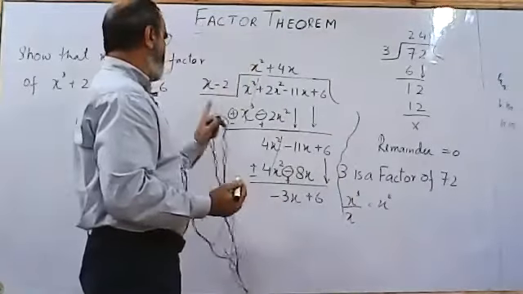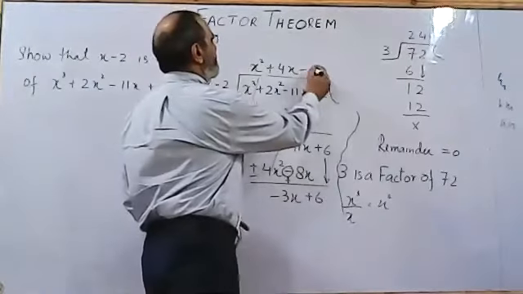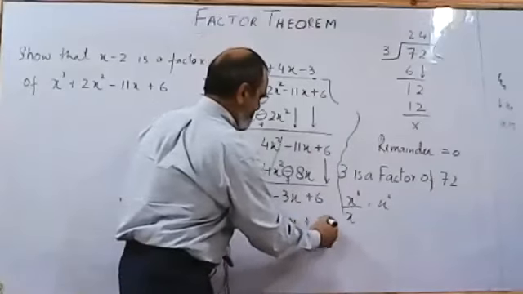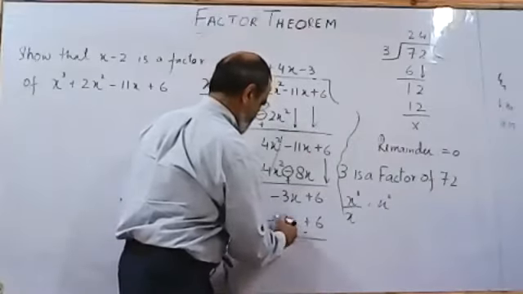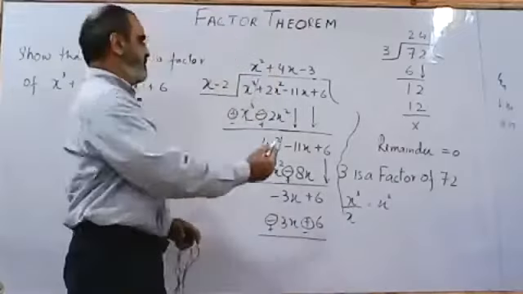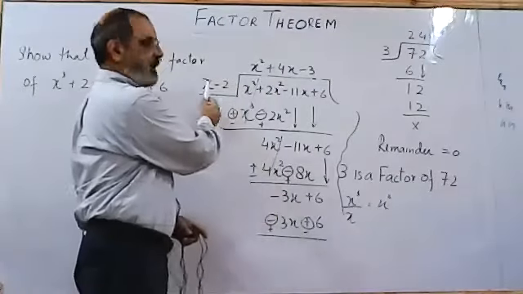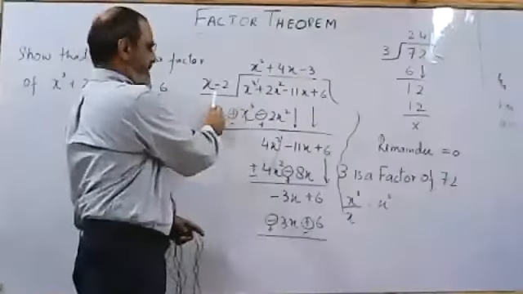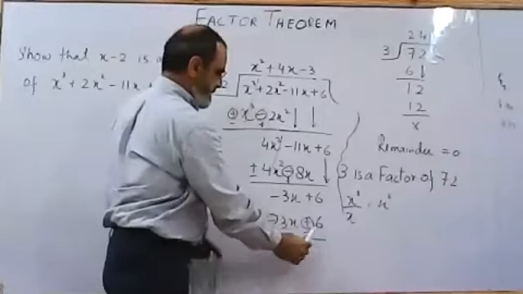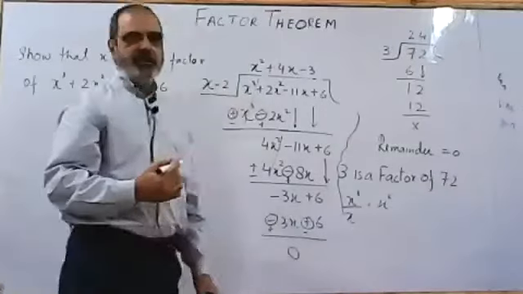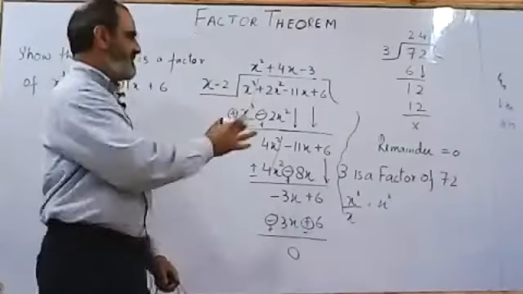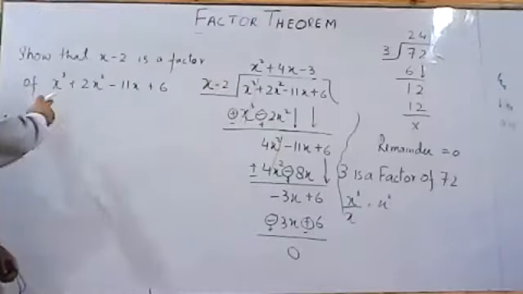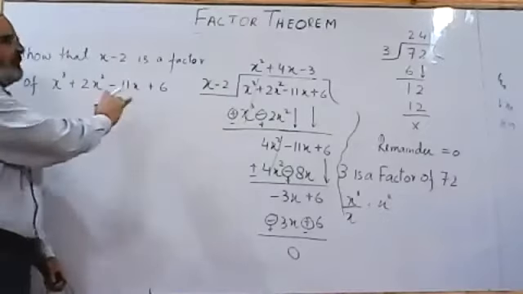Minus 3x divided by the first term, x, gives minus 3, and minus 3 multiplied by x minus 2 gives you minus 3x plus 6. So the remainder is 0. This division shows that x minus 2 is a factor of the polynomial x cube plus 2x square minus 11x plus 6.